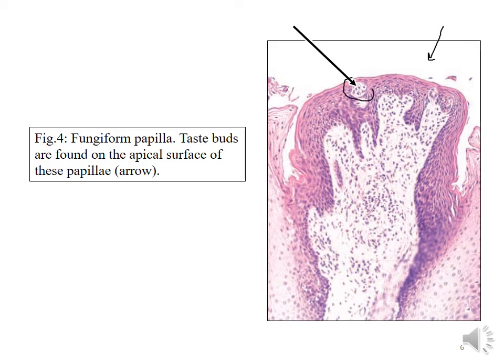Here, this is a taste bud. This is a taste bud, and here is another one. So this is the fungiform papilla, of course. This is the epithelium, stratified squamous non-keratinized epithelium, and here we have connective tissue, as usual.